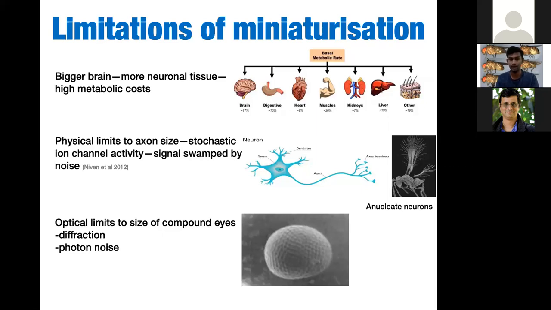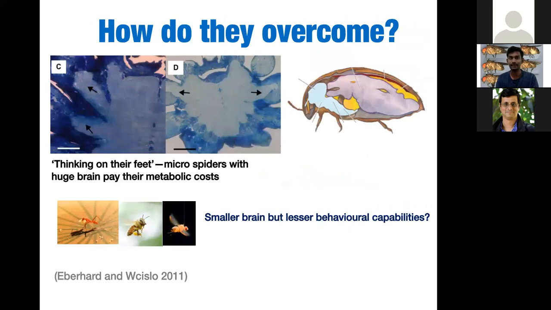So with all these limitations, how exactly do animals overcome them as they evolve to be smaller and smaller? One way is that they actually just retain the size of the brain of their ancestors. Even though their body size is smaller, they might have a relatively bigger brain.